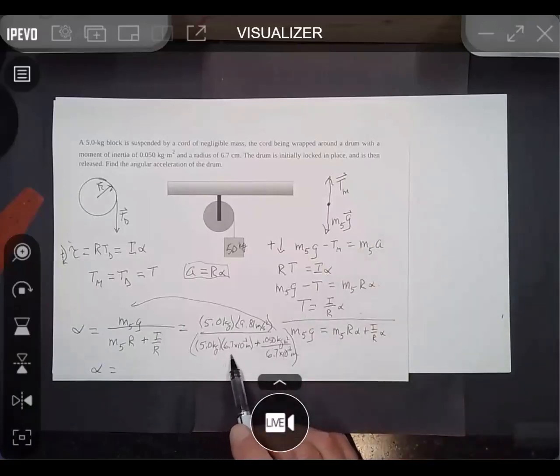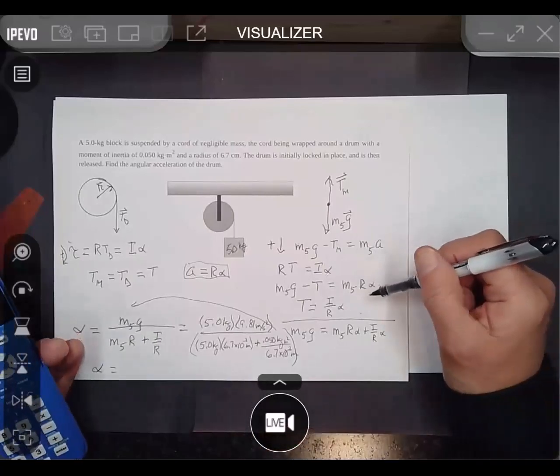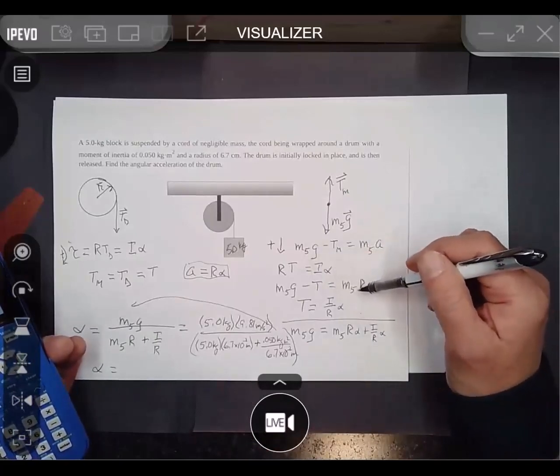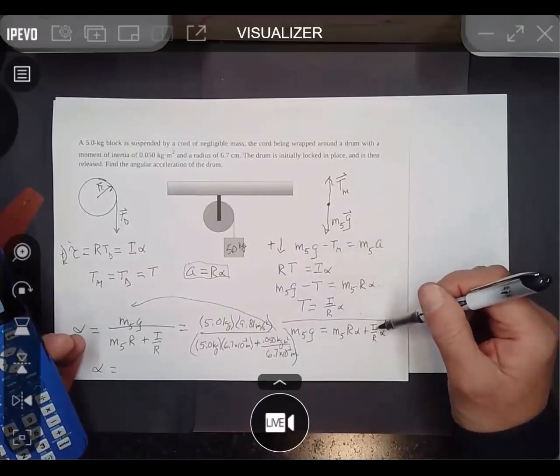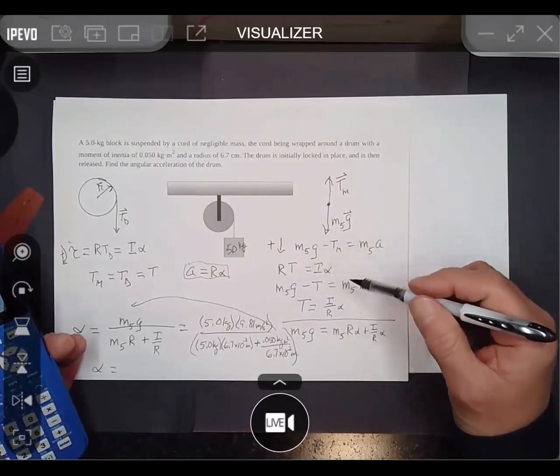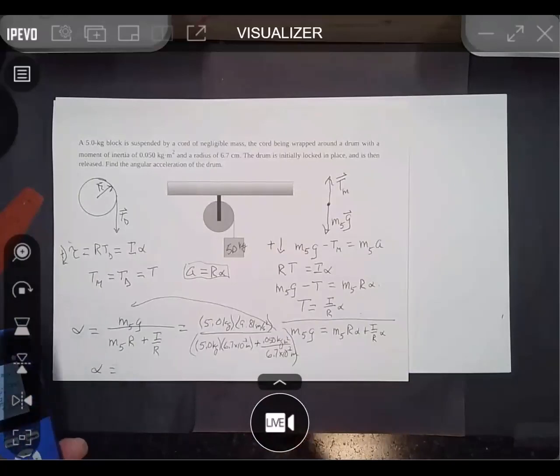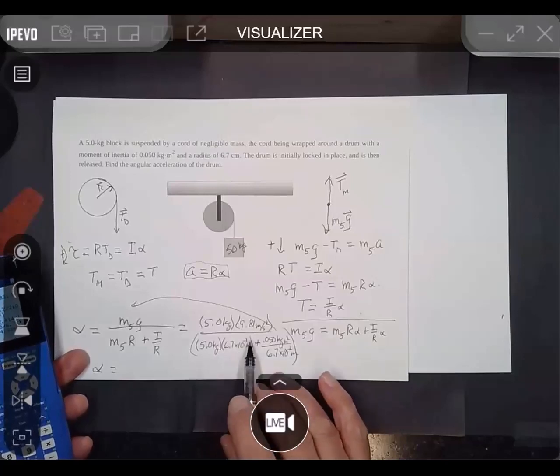Actually, that ends up making that pretty small. Yeah, I got a large number, like 45 meters per second squared, which doesn't make any sense to me.